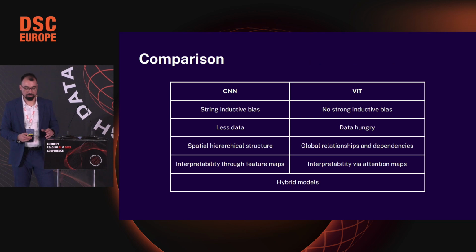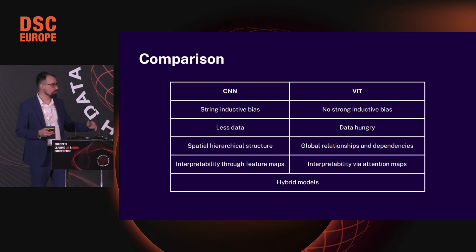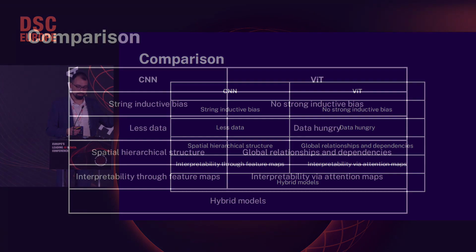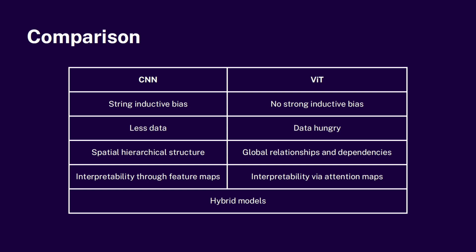The idea was that when you train a network like this, you will see that CNNs have a strong inductive bias, sorry for the typo, and then ViTs don't have that bias, which means they will try to learn how to extract features and how to attend to those pixels.